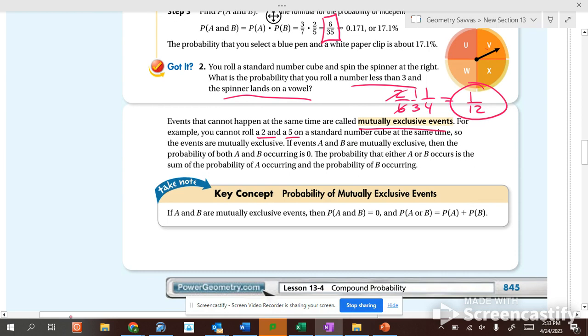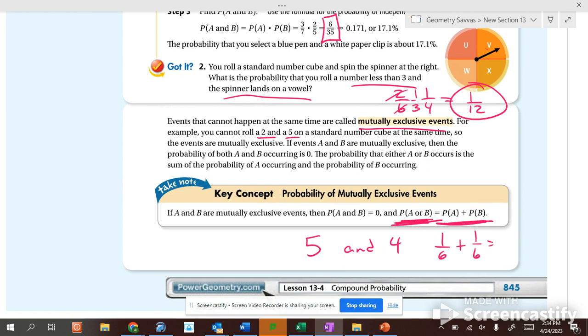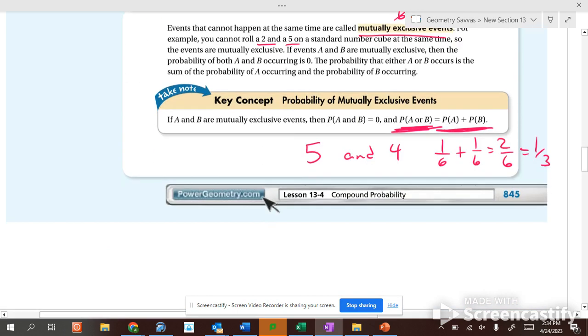Now, you can roll something or something else. That's when you add them together. Like if you roll a 5 or a 4. Well, 5 is a 1 out of 6 chance. A 4 is a 1 out of 6 chance. So then you got a 2 out of 6 chance or a 1 out of 3 chance of rolling a 5 or a 4. Okay, because they're 2 numbers out of 6 numbers.